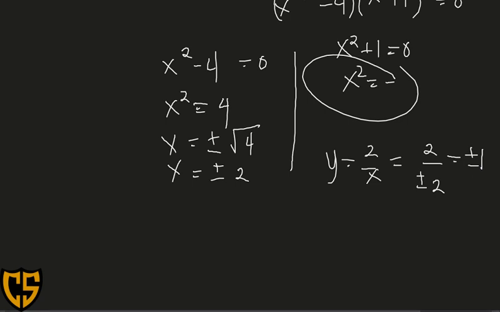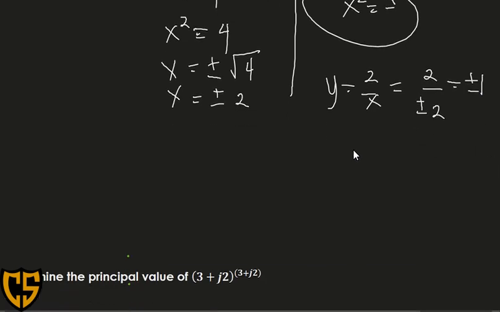Therefore, the solution of our equation, in the form x plus jy, we will have x will be plus minus 2, then plus minus 1.